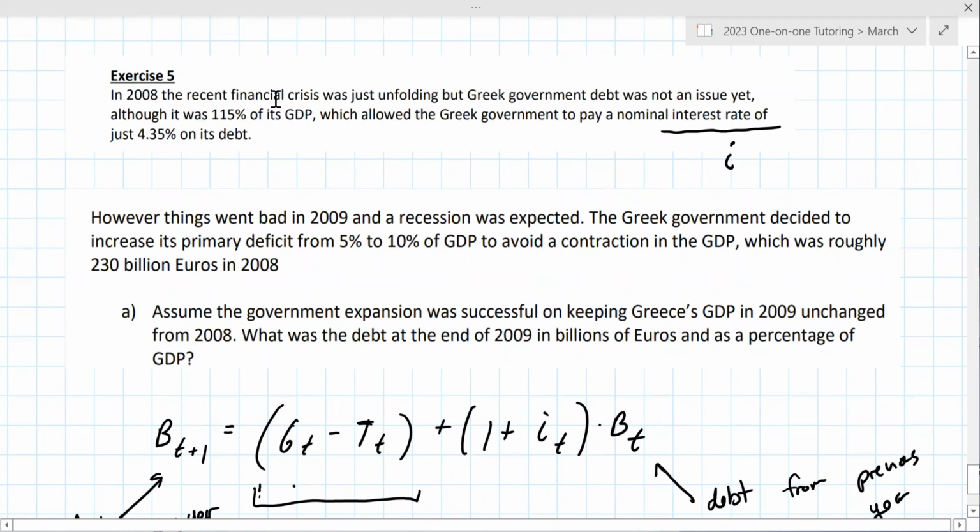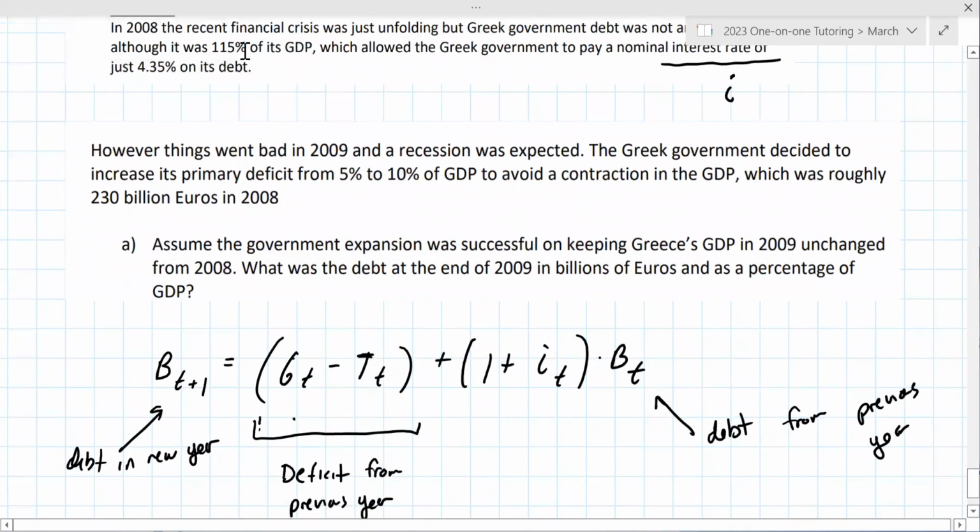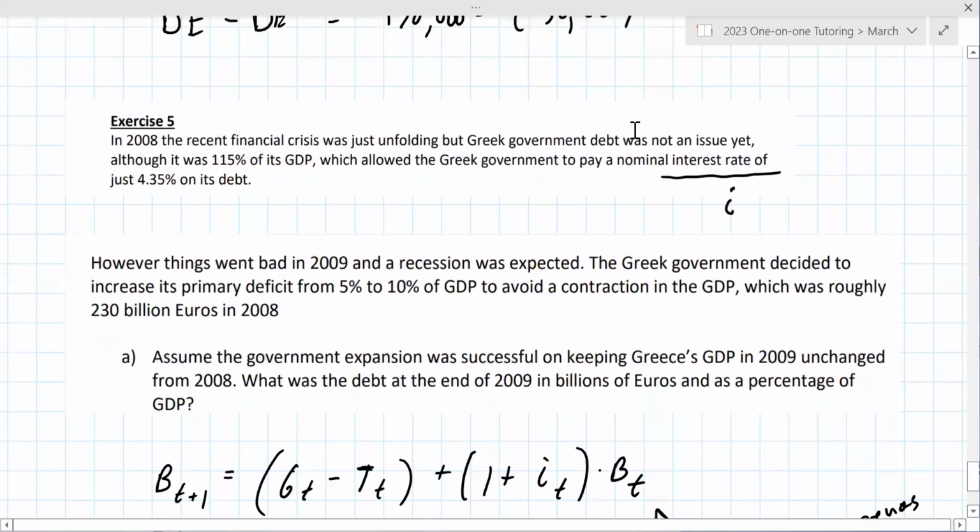115% of its GDP. This is where I don't understand. They're using this number in this calculation right here, and I don't know why that is. If the debt was not an issue yet, although it was 100% of its GDP, that is the debt at the end.